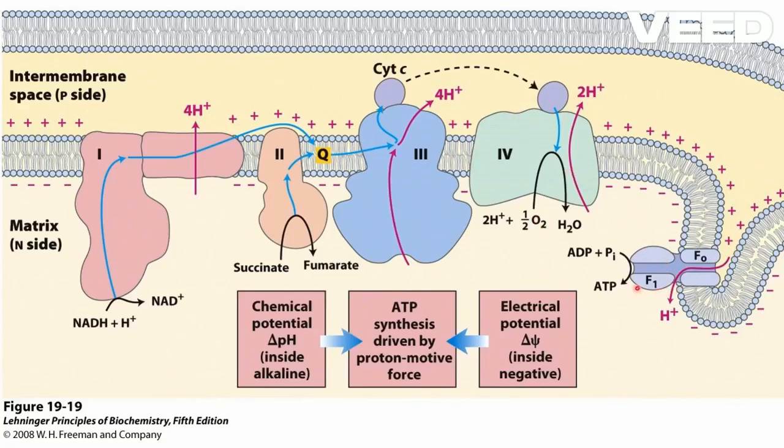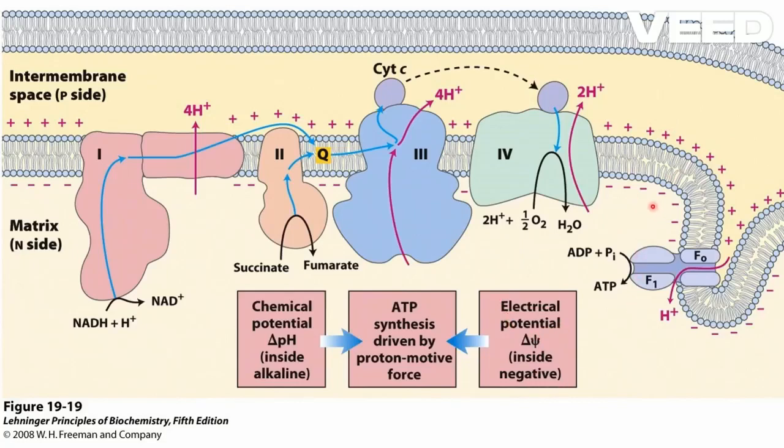As we see here, this is an enzyme called ATP synthase. This is not a part of electron transport, rather this is oxidative phosphorylation. When these protons were pumped into the intermembrane space, a proton gradient was created. This proton gradient stores energy because there is an electrical potential, as you can see here.